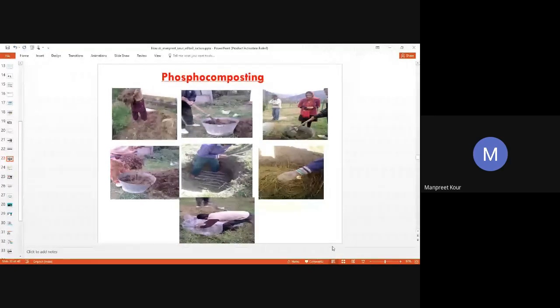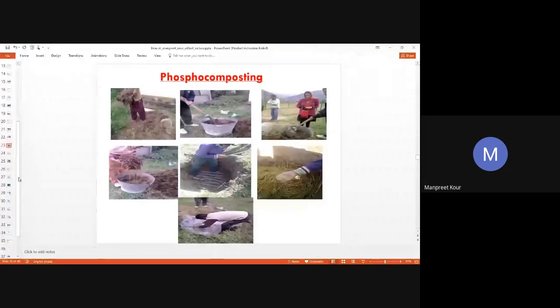You see in the 5th slide where we have put sticks. Then we put the pine needles layer-wise, and then sprinkle rock phosphate. We brought this rock phosphate from Jammu, and it has 6% phosphorus. We use this rock phosphate at 6% of the dry matter basis of pine needle, and also for the rice straw.